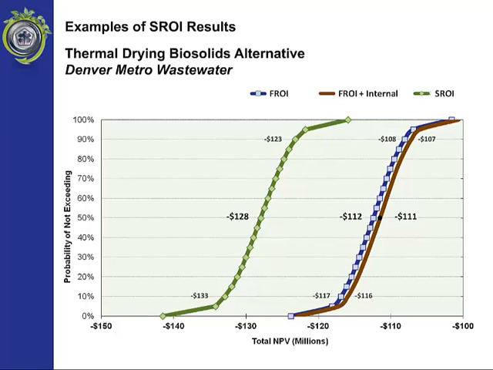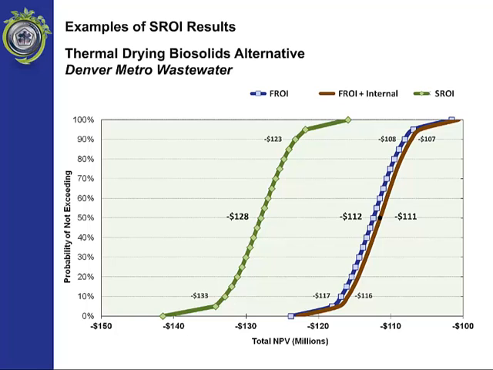Including internal non-cash impacts reduced this slightly to a negative $111 million. But a full SROI analysis that monetized the externalities, in this case the social costs of the incremental energy used for the thermal drying process, pushed the net present value further negative to $128 million.